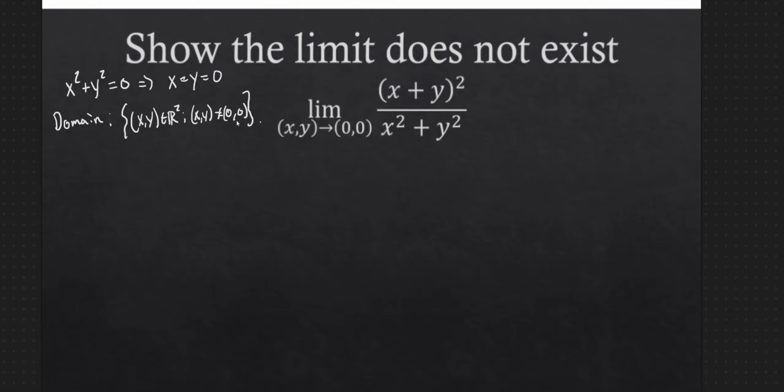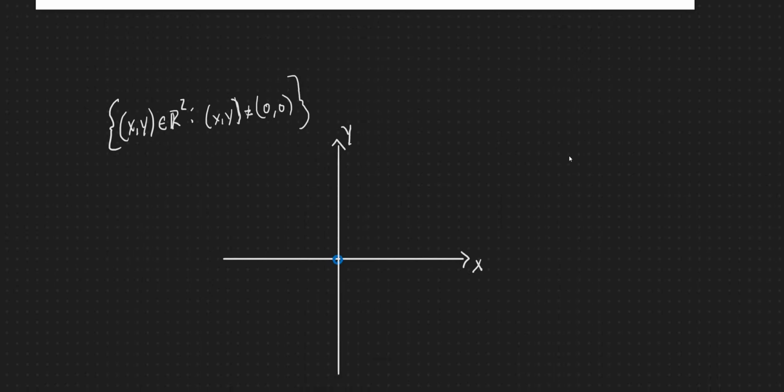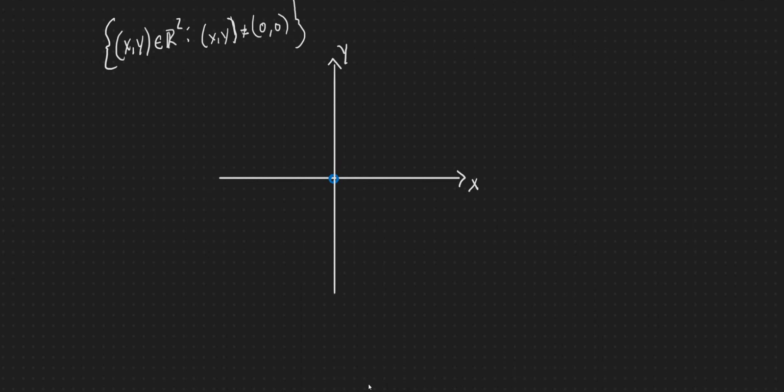It really just looks like we've taken the plane and removed the origin from it. So I have that graphed down here. Here is my domain. Everything in the plane except for, so I've just drawn an open circle here around the origin. We're just excluding the origin. So this is what some call the punctured plane. We've just removed a single point, the origin.